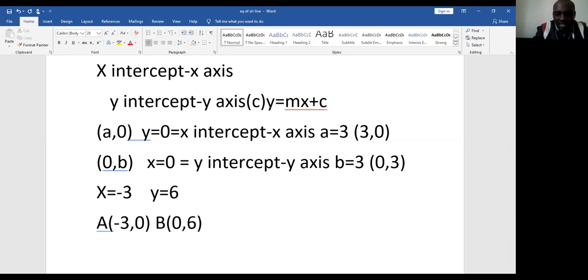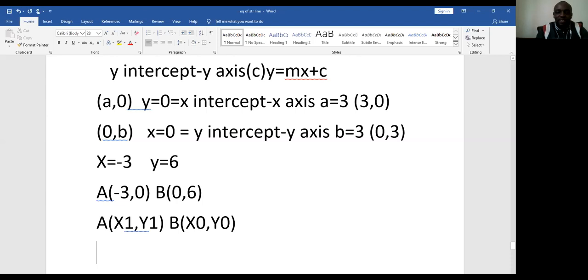So I'll come here and say A, we use our old method. The x coordinate here, let's call it x1, and then y, we call it y1, like the way we were doing it last week. And here this one now is going to be x0, and the other one is going to be y0. Number one, you have to find the gradient.